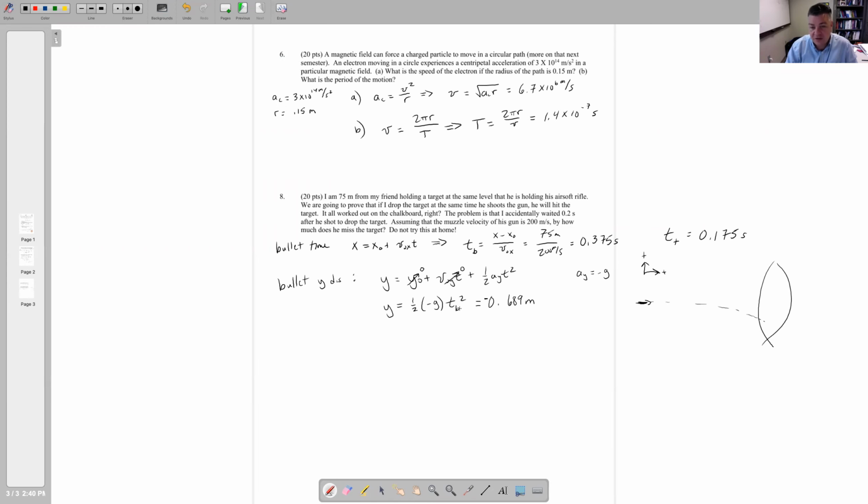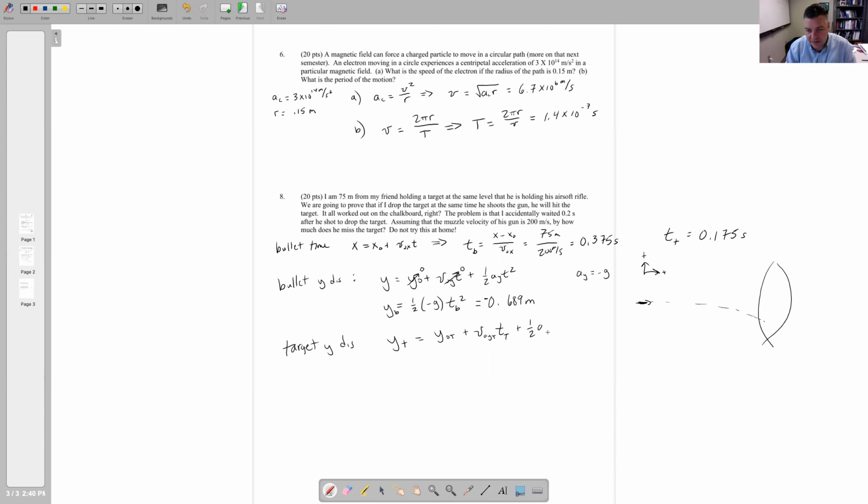All right, so this is where the bullet is. Now let's find out where the target is. We'll find the target y displacement. We're really just going to do the same thing. y of the target is y naught of the target plus v naught y of the target t, all right, I'll just put t's on all of these. I was using capital T, let me be consistent.